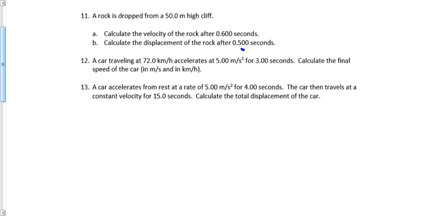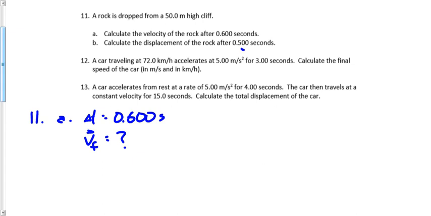Okay, so number 11 here. We're dropping this rock from a 50-meter high cliff. What's the velocity of the rock after 0.6 seconds? Let's write down our givens here. My time interval is 0.600 seconds for question A. I'm looking for the final velocity, the velocity after that time. Do I have anything else?